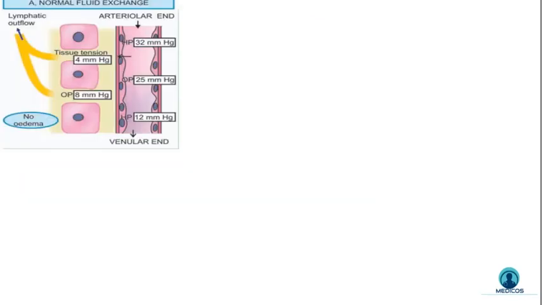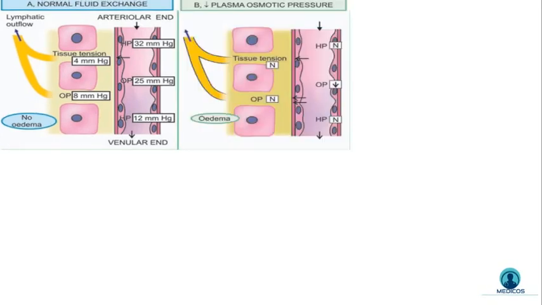Here we see in the normal fluid exchange, the fluid will extravasate on the arteriolar side since the pressure is higher, return in the venular end as the pressure decreases, and some of the remaining fluid will drain through lymph. When the plasma oncotic pressure decreases, the force that traps water inside the vessel decreases, so more and more fluid will extravasate and cause edema.